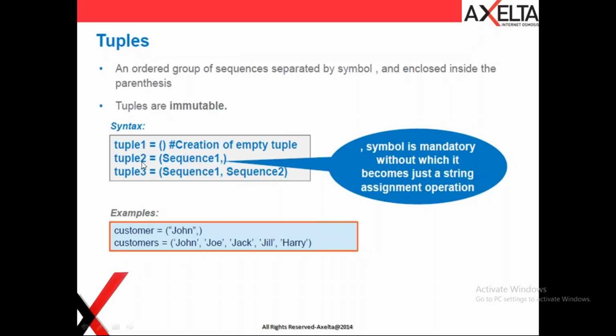I'm creating another tuple with only one element. Whenever you are creating a tuple with one element, you should use one delimiter, that is a comma. Please be careful here. If you have only one element to be stored in the tuple, then you should use a comma.